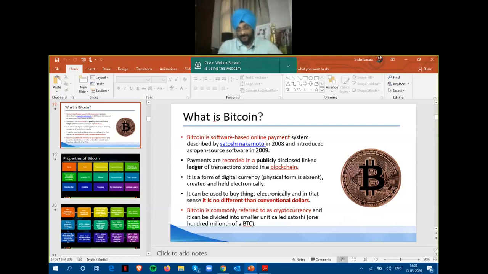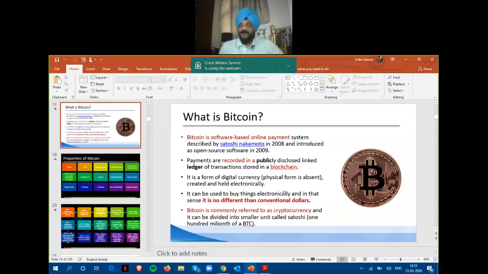Now you understand that in the banking system today, whatever transactions you do are recorded centrally in a ledger, but nobody knows that ledger. Here you are recording all the entries in a public ledger, which are linked and stored in blockchain. So the underlying technology between the blockchain and the Bitcoin is blockchain. Bitcoin is what we are seeing today, and that's what is being traded in the market as a cryptocurrency.